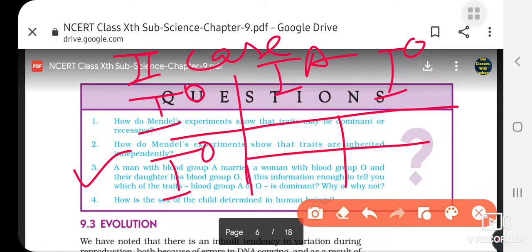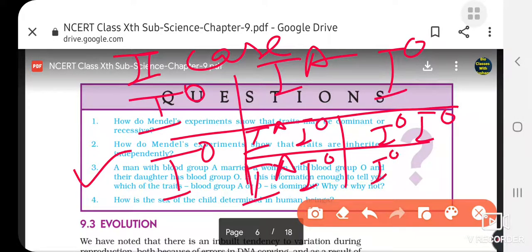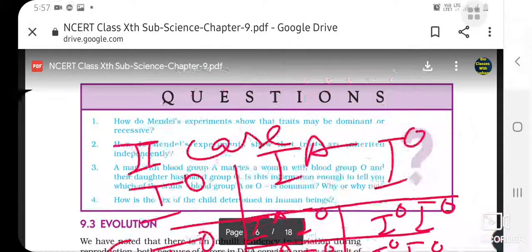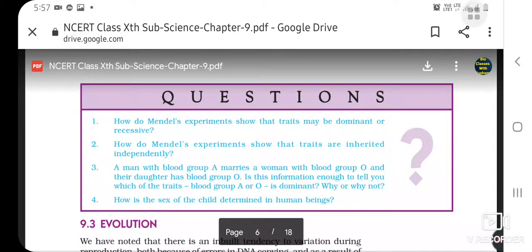I think you all can do it. IAIO or IOIO, this side IAIO and IOIO. So here again we will get 50% O blood group and 50% A blood group. So overall we can say this question has insufficient information, and in both cases you can write this.